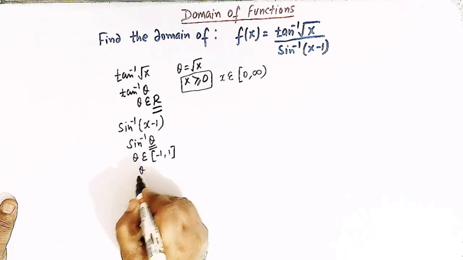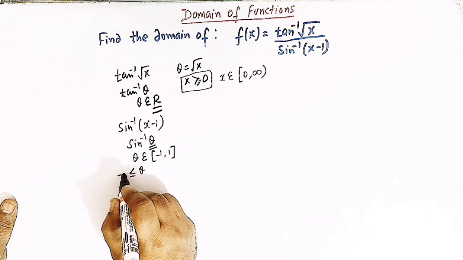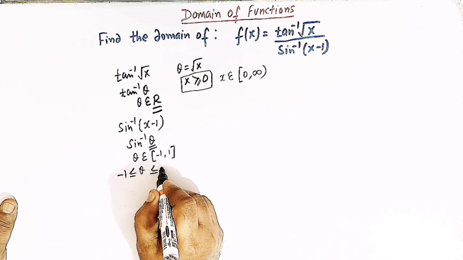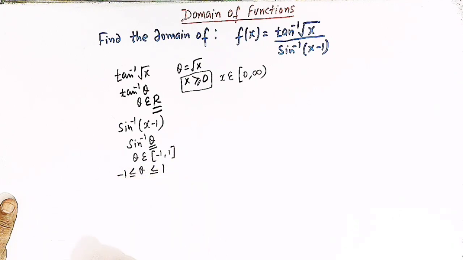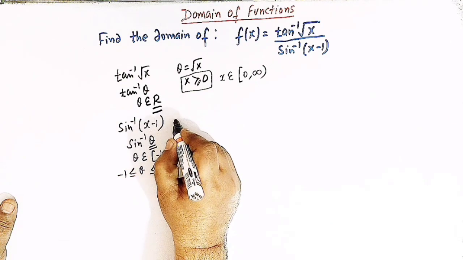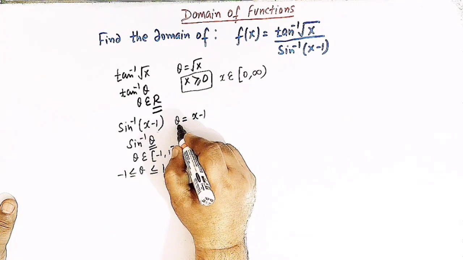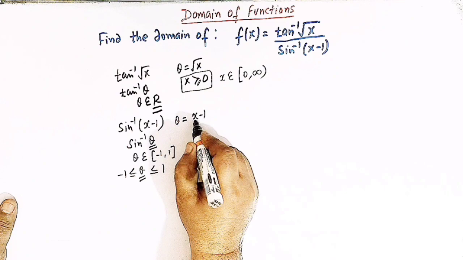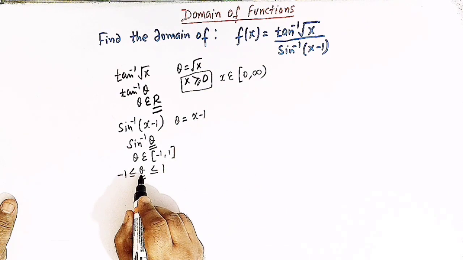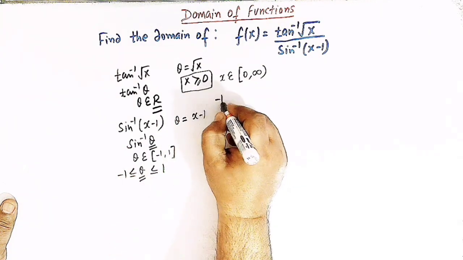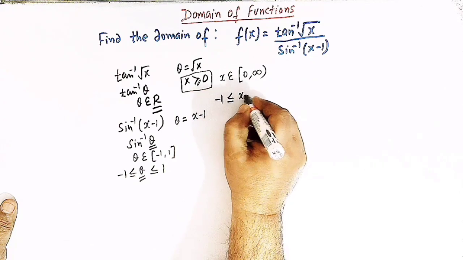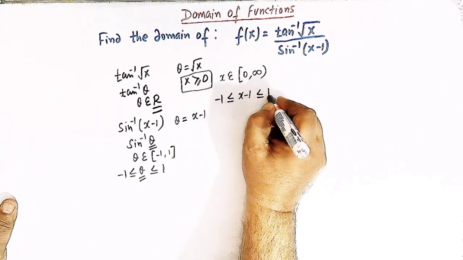That is, theta must be greater than or equal to minus 1, but less than or equal to 1. Here for theta we have x minus 1. So let us substitute theta equal to x minus 1 in this inequality. So we have minus 1, then x minus 1, and then 1.